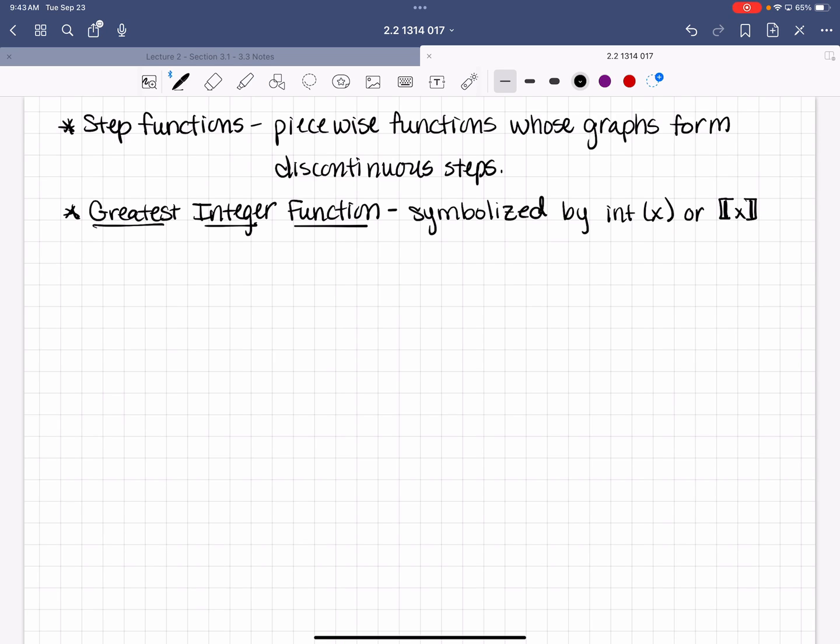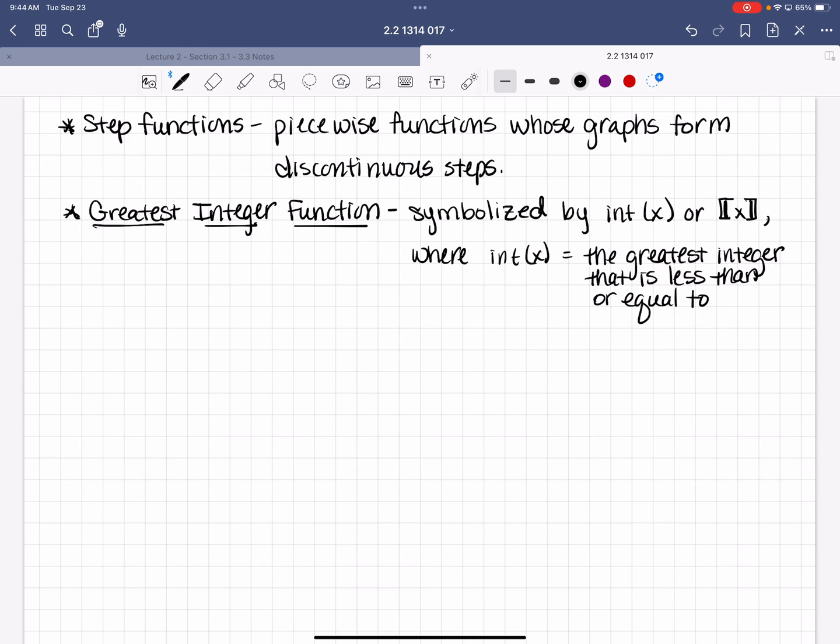A lot of your calculus books will use the double brackets like that, where int of x equals the greatest integer that is less than or equal to x.